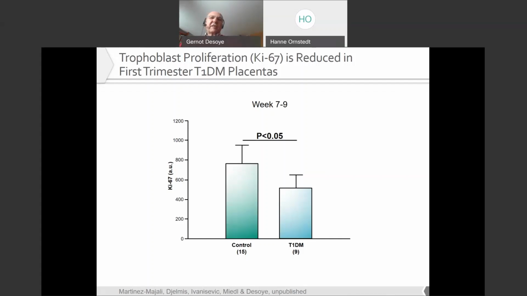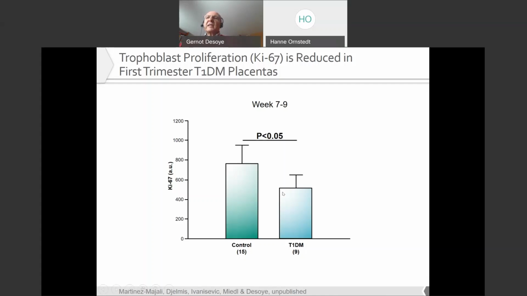And we have some unpublished data that we could generate in a cohort of first trimester placentas from type 1 diabetic pregnancies and controlled pregnancies. What we did was just to measure, in this graph, a simple proliferation parameter, Ki67, by Western blotting.